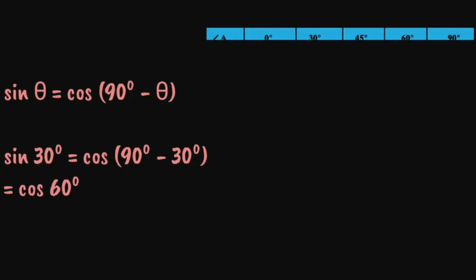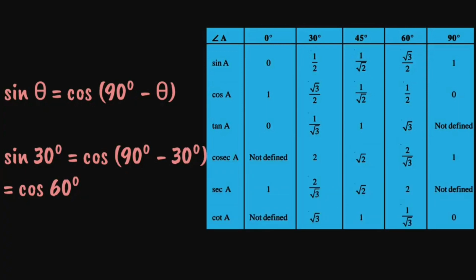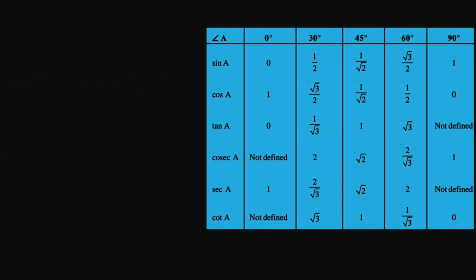So it is cos 60. So we got sin 30 degree equal to cos 60 degree. In the table also you can see the sin 30 degree value and cos 60 degree value are both the same. They are equal to 1 by 2.